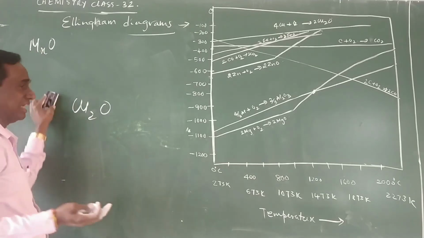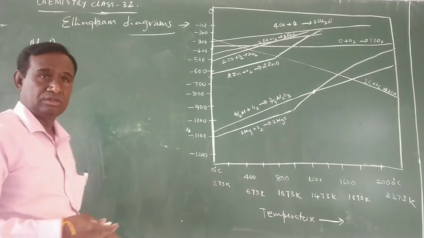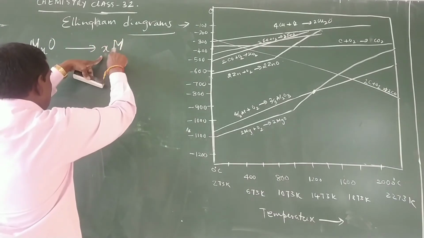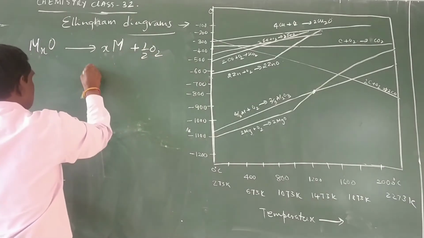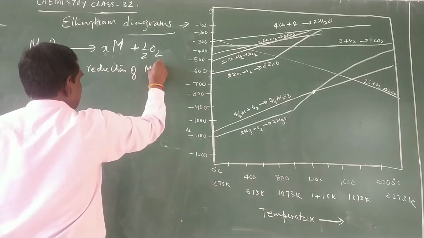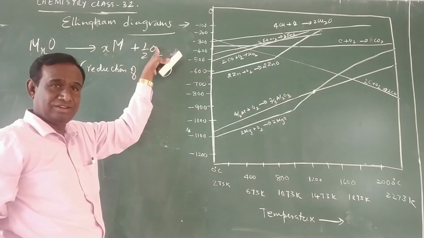Like that, the metallic oxide MxO first undergoes reduction, giving x M plus half O2. So this is nothing but reduction of the metallic oxide; the metallic oxide is reduced to metal here.